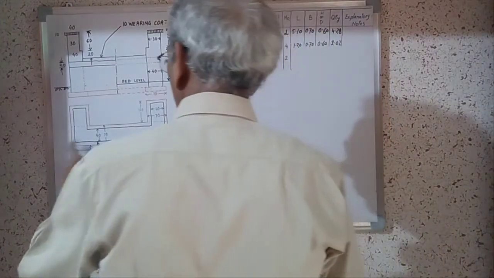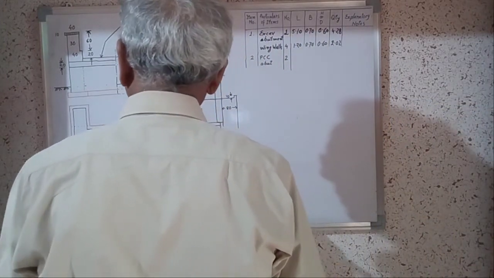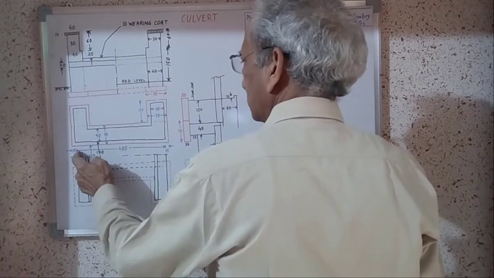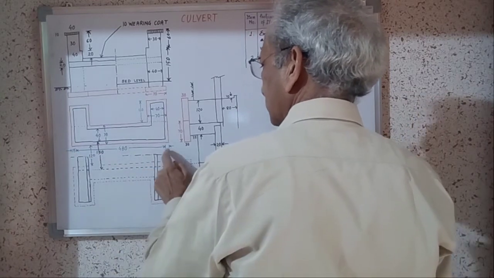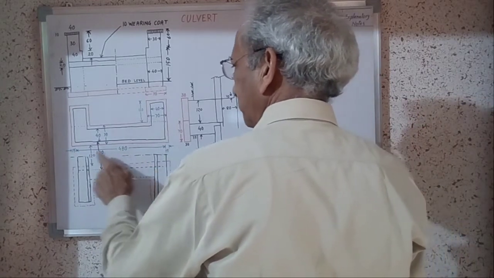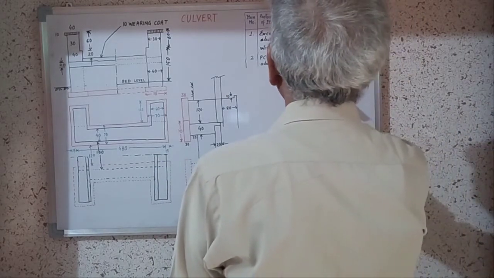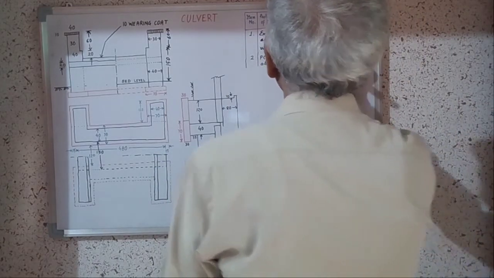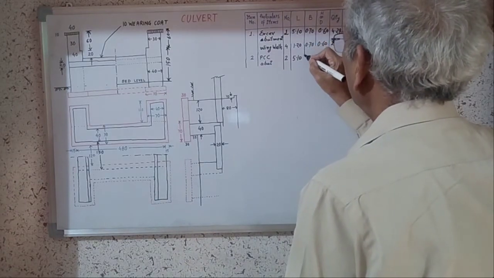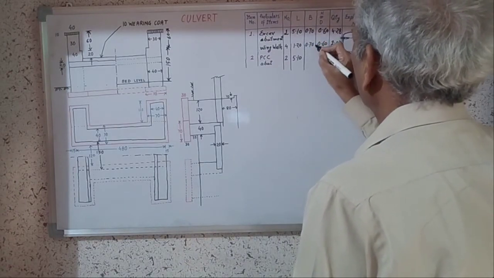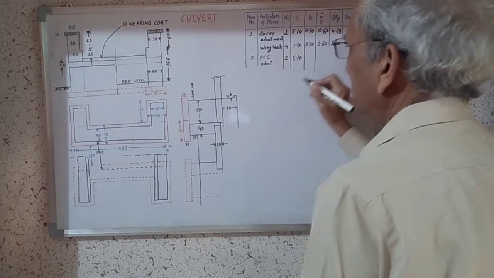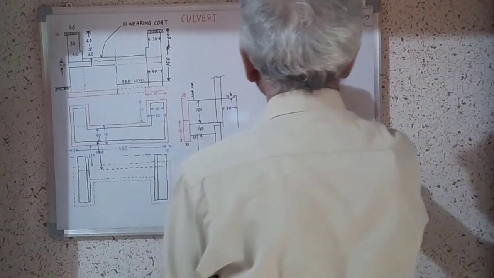Now here the length of the PCC will be the same dimension, 480 plus 15 plus 15, that is 5.10 as we have taken in case of excavation. Now width will be the same, 70 centimeter.